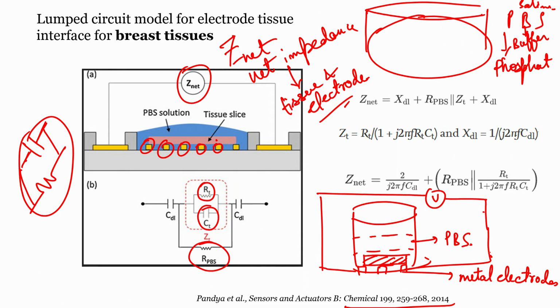Now what we can see from here is the resistance offered by the PBS, if this is the resistor, I can draw it here, and the resistor capacitor combination, which I will draw here. If you see this together, you can easily make it out that these two are in parallel combination.